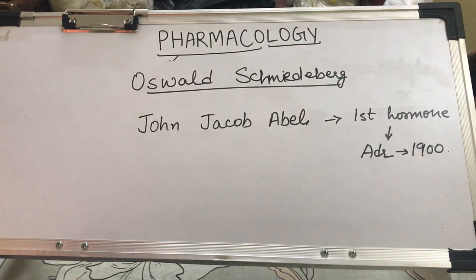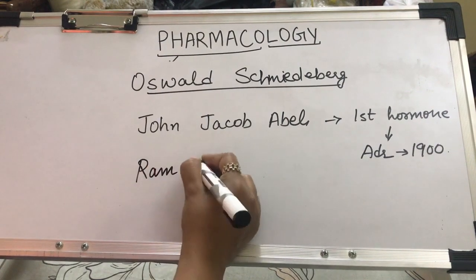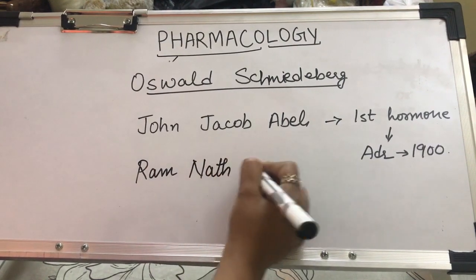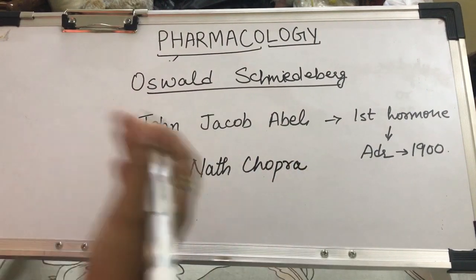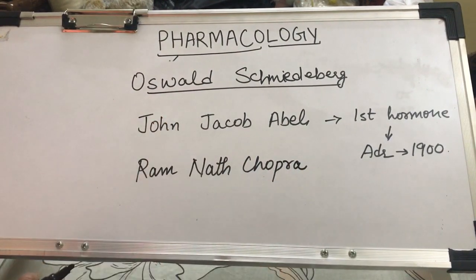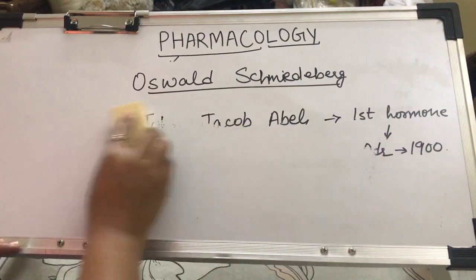Now, being Indians, we should know the father of modern Indian pharmacology, that is Ram Nath Chopra. He was the one who first established the Center of Study and Research in Pharmacology in India, that was in Calcutta. This was the brief history of pharmacology.